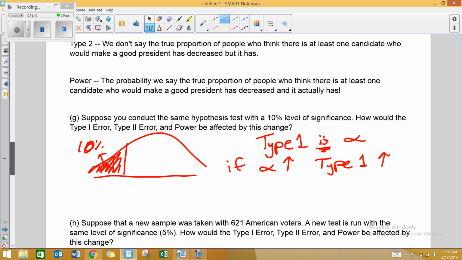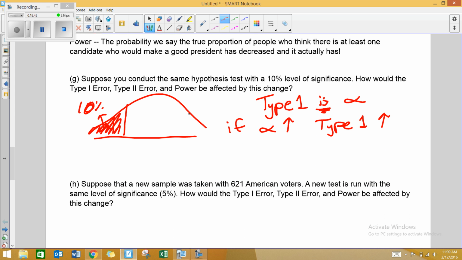And so if that region shrinks, type 2 shrinks. And so anytime type 2 shrinks, power goes up. These two right here, type 2 and power, they always will go opposite directions. Always, always, always.